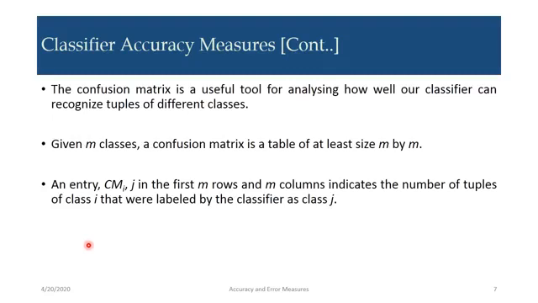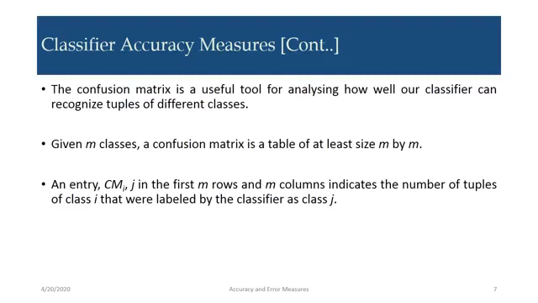An entry CM i,j in the first m rows and m columns indicates the number of tuples of class i that were labeled by the classifier as class j.